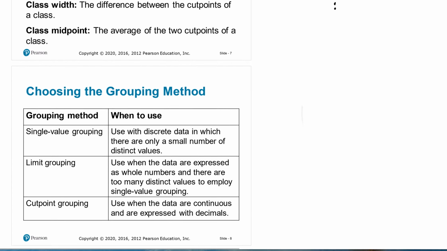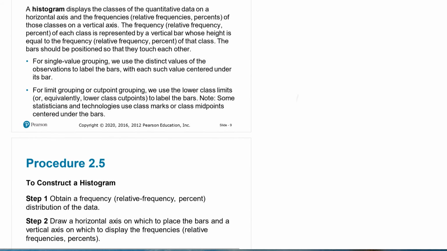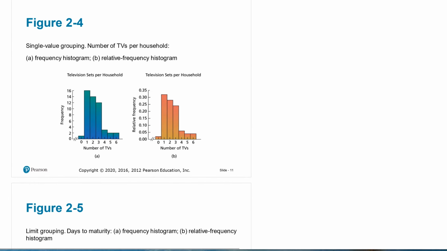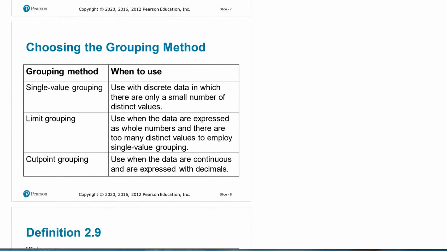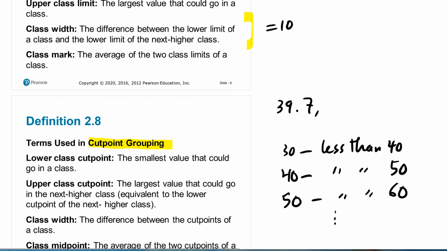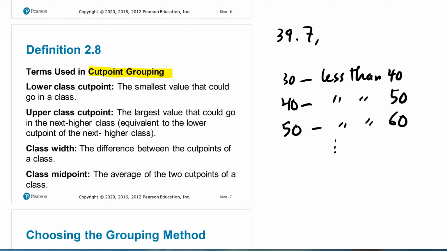If we look at an example, do we have an example here? No, we don't have an example, but that's how it works. We go 30 to less than 40, 40 to less than 50, 50 to less than 60, or lower than or smaller than, anything you like to use.